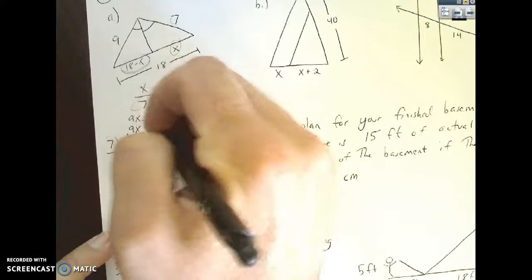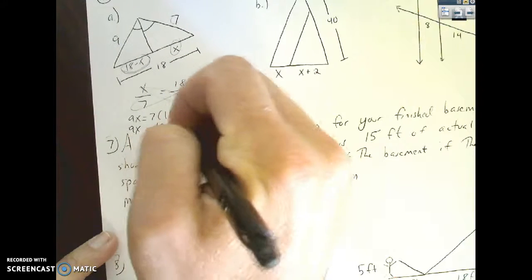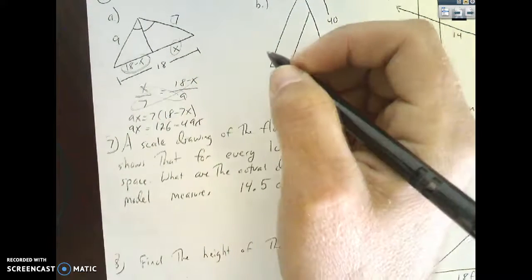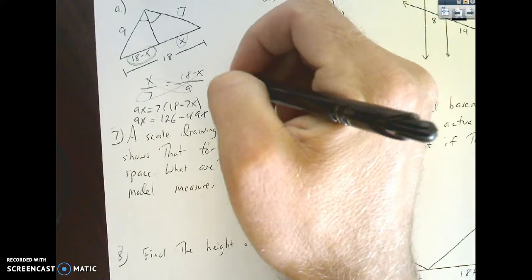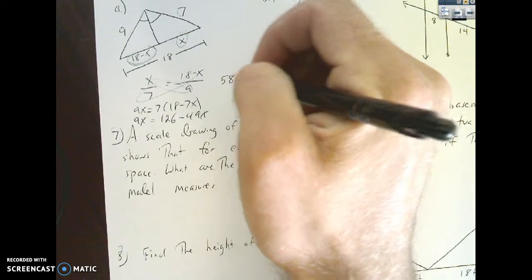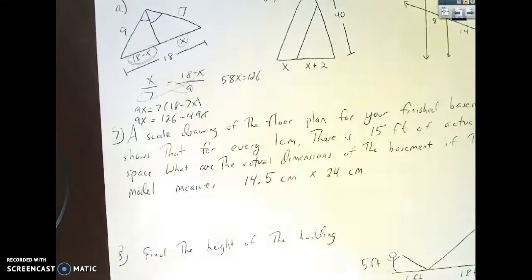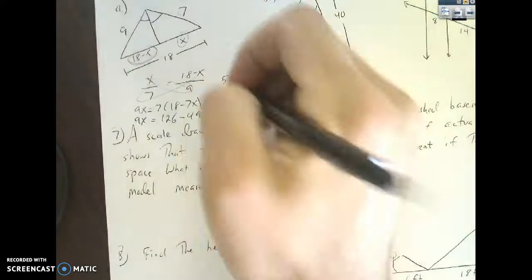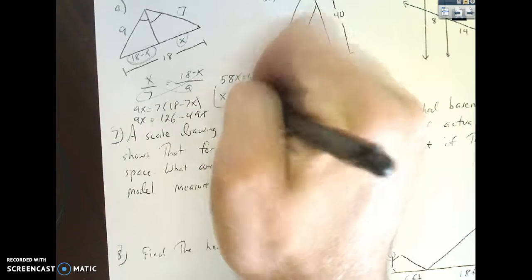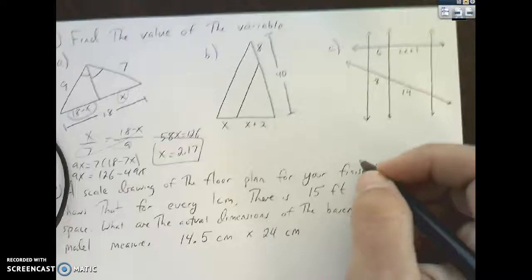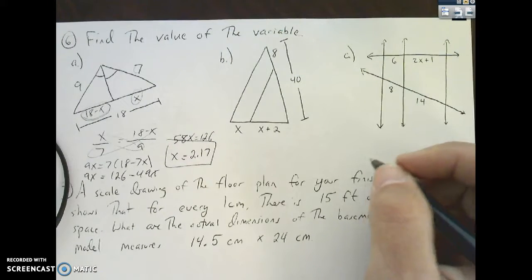So 9x equals 126 minus 7x. Okay, I can add 7x over, and then 126 divided by 16. Go to two decimal places, x equals 7.88. Okay, it'll work out a little nicer on the test.